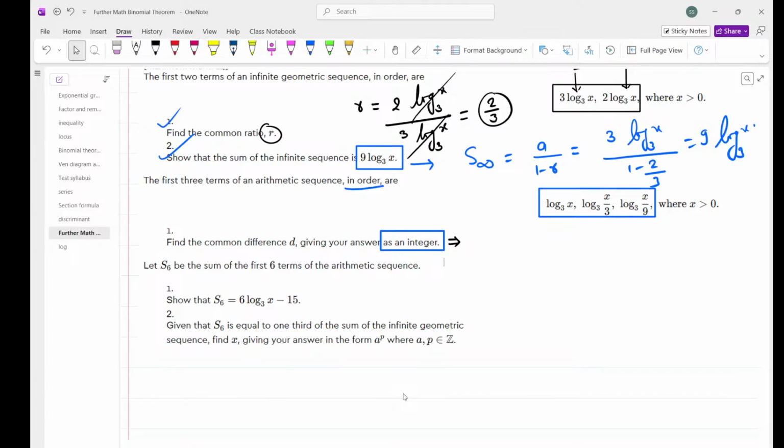Okay, so x is equal to 3 to the power of minus 5 over 7. Wait, hold on, just one second. Okay, x is equal to 3 to the power of minus 5 over 7.